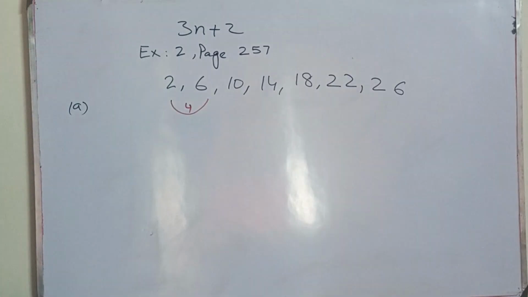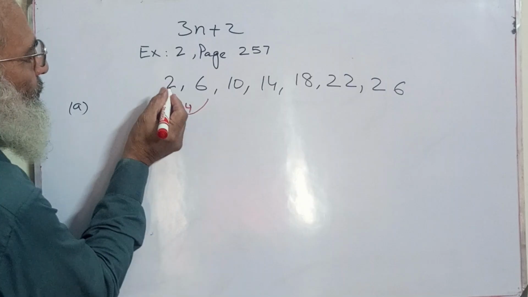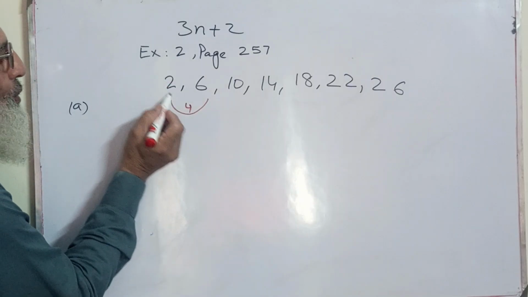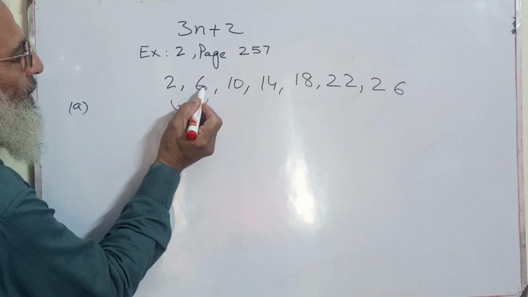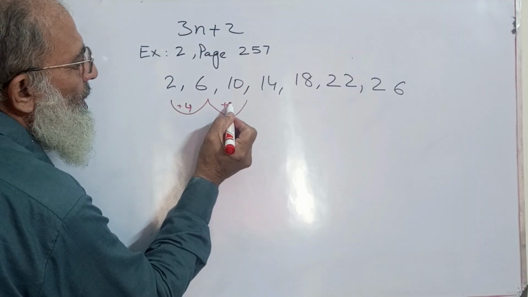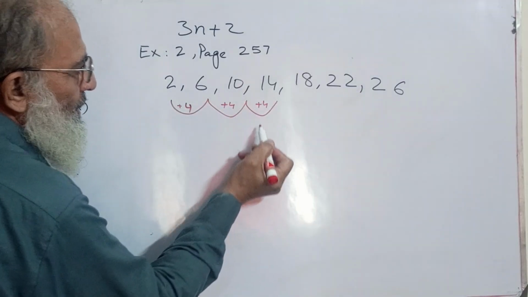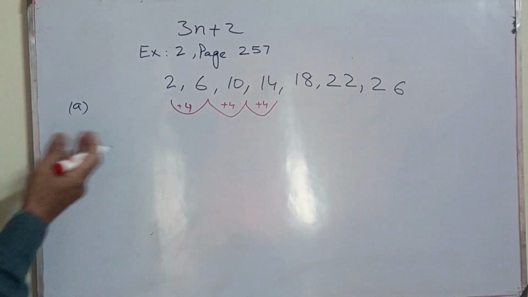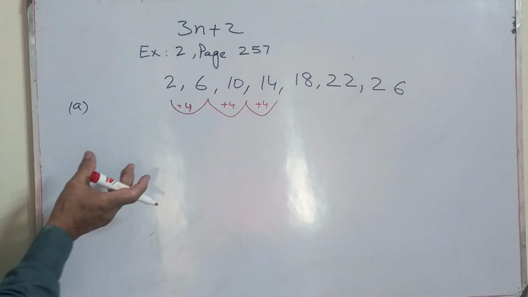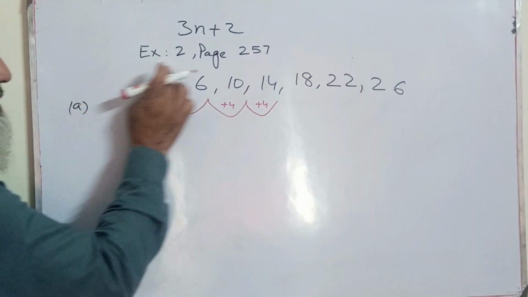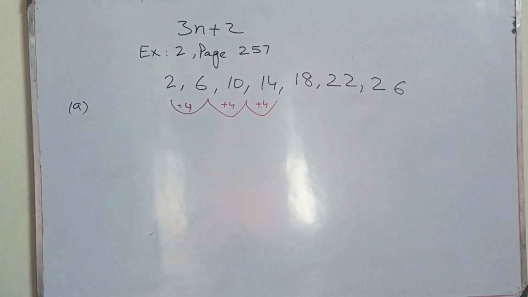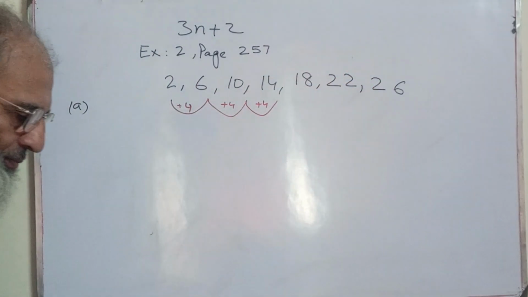The difference is 4. 2 plus 4 is 6, 6 plus 4 is 10, and 10 plus 4 is 14, and so on. This is the general rule of how this sequence has been built.